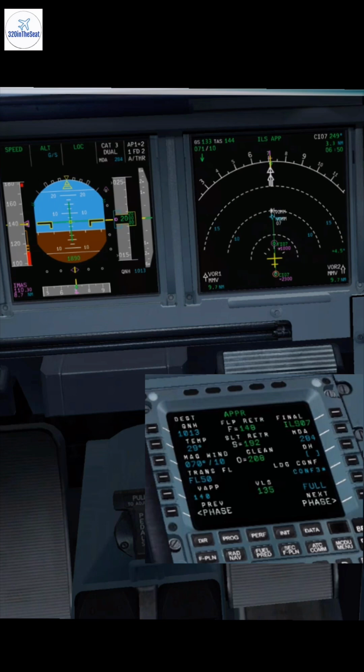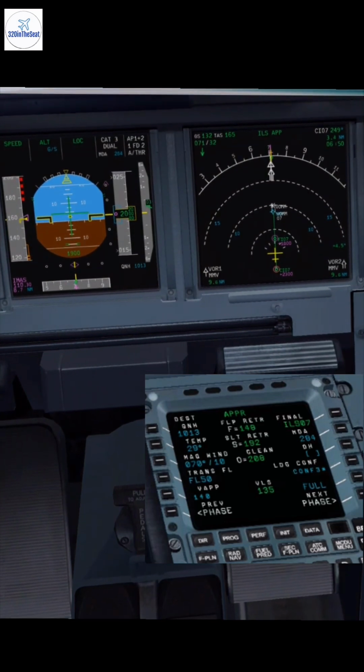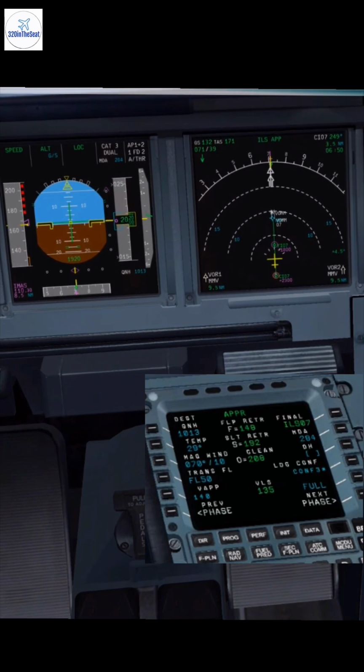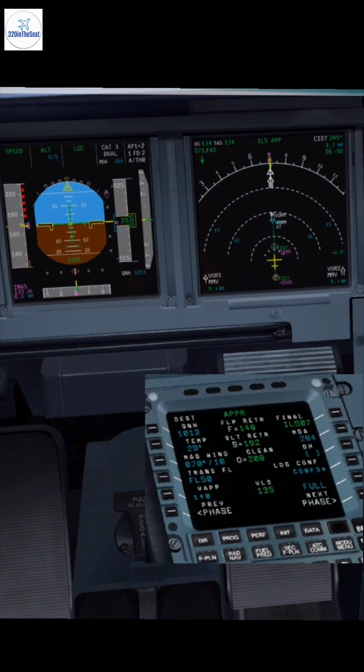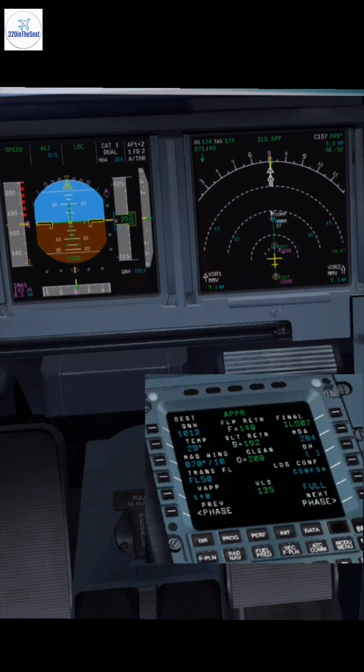The only difference now is that the speed is managed, as you can tell from the magenta speed target on the PFD, and also we now know what the GS Mini function does and how it varies the IAS managed speed target in response to a change of headwinds.